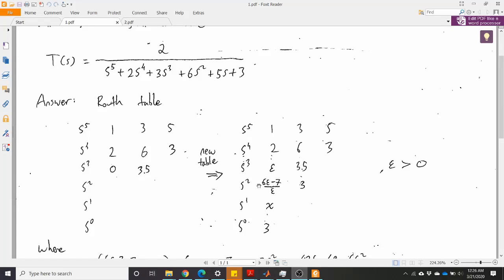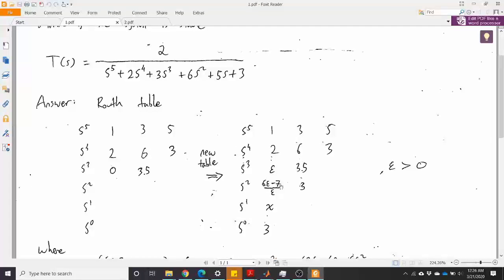So s squared, we compute 6 times epsilon, so 6 epsilon minus 2 times 3.5, minus 7, so we get 6 epsilon minus 7 over epsilon, and then the next column is epsilon times 3 minus 2 times 0, so nothing is 0. You get 3 epsilon divided by epsilon, it returns 3.